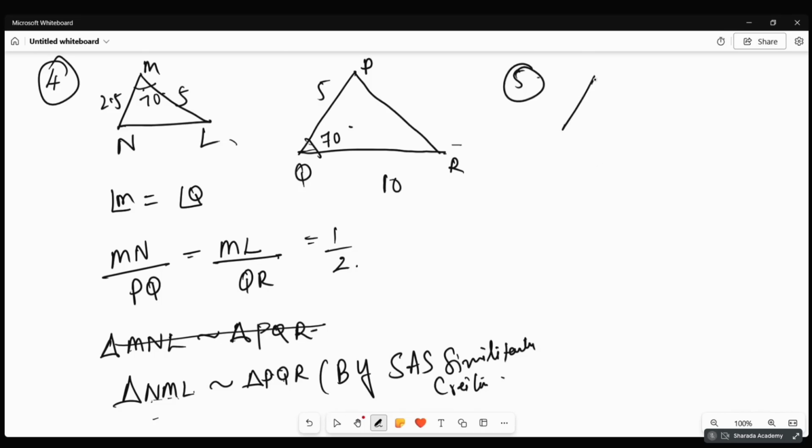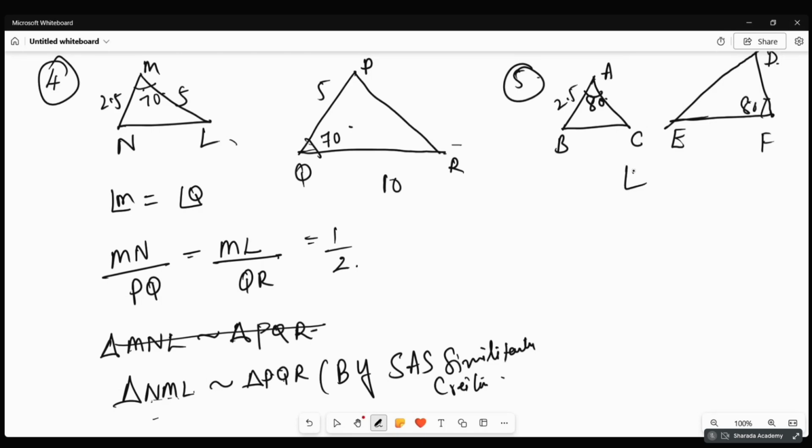It's not similar. Why is it not similar? Angles are not the same. Okay. Here actually angle A and angle F are equal to 80 degrees only.